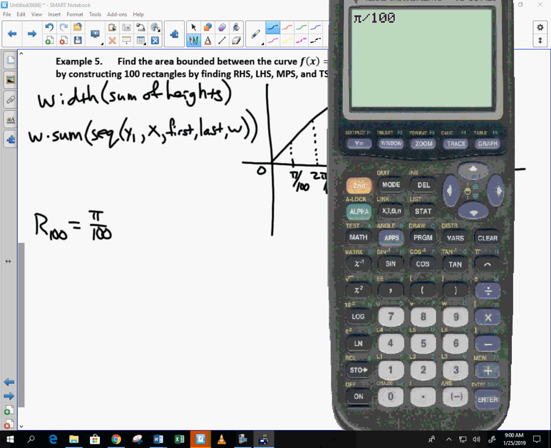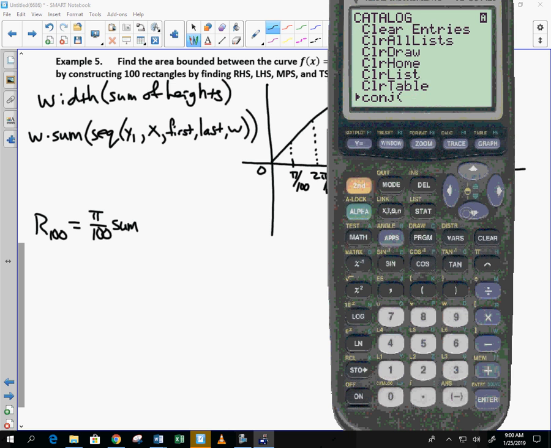Okay, second thing I do, sum. How do I grab sum? I go to catalog. Catalog is right where the 0 is, second 0. That brings me a catalog of all the operations you can input to your calculator. And I press S for sum.